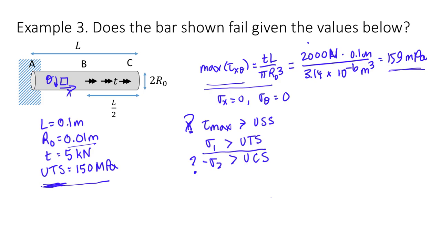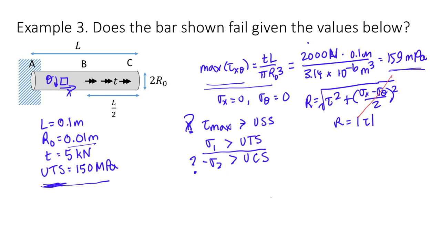When we have this state of stress where tau is non-zero, but the sigmas are 0, you remember that R was equal to the square root of tau squared plus half the difference of the two normal stresses, also squared. In this case, all of this part here is 0, and so all we have left is that R is the magnitude of tau.